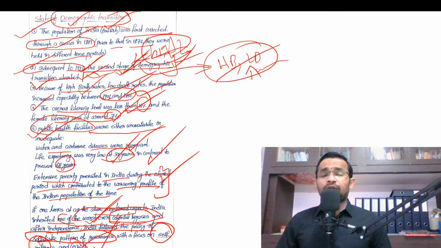There were no basic goods industries in India at the time of independence. If the Indian economy had been kept in the hands of private players, there wouldn't have been any capital goods industries in India. Yes or no? Because private players always focus on profits.